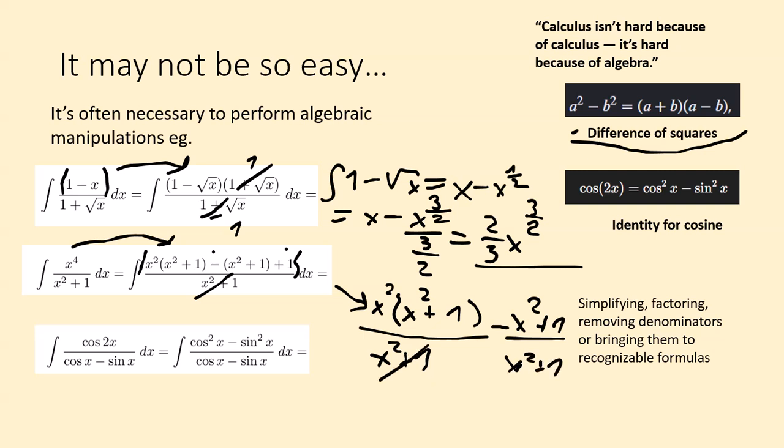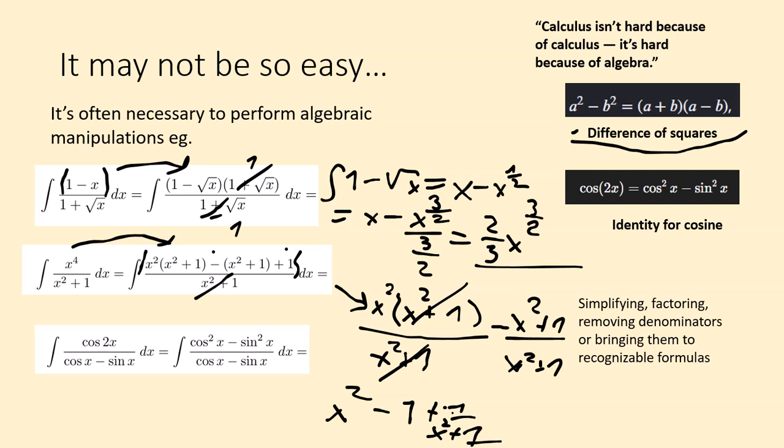So this will simplify it. You have x squared left, that will be equal to 1, so you ignore it. Then you have minus 1, and you will have plus 1 over x squared plus 1.